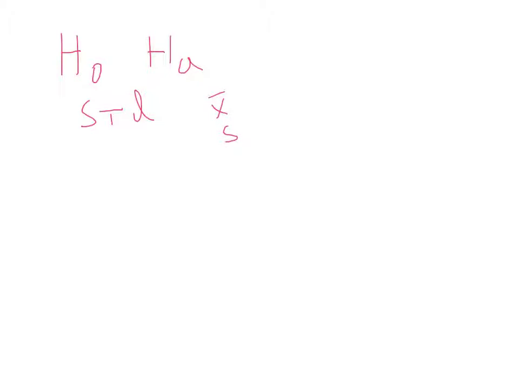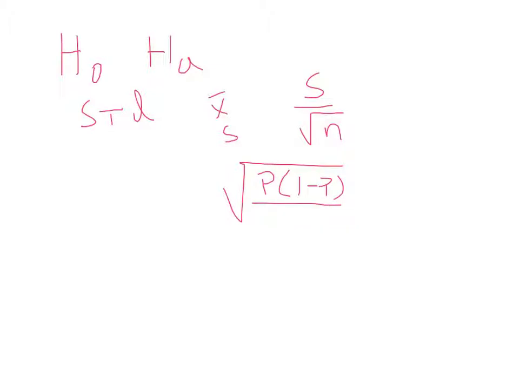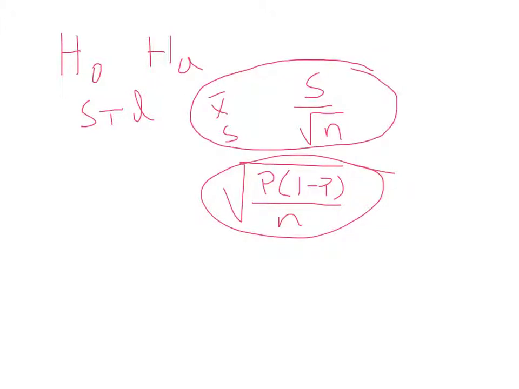In order to get the standard deviation with a sampling distribution, you have to do S divided by the square root of the sample size. Okay, if you got proportions, that's where you're going to take that P, that population proportion, times 1 minus P over the sample size. So that's for proportions, like the one I just did. Or if it's talking about sample means, then you got to deal with that formula. So you're going to ask yourself that.